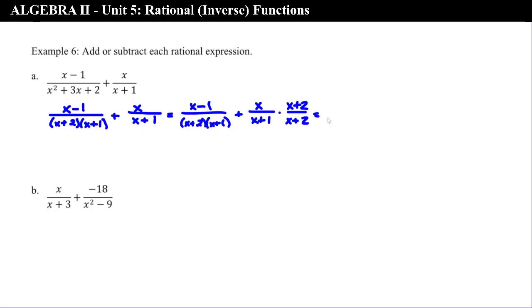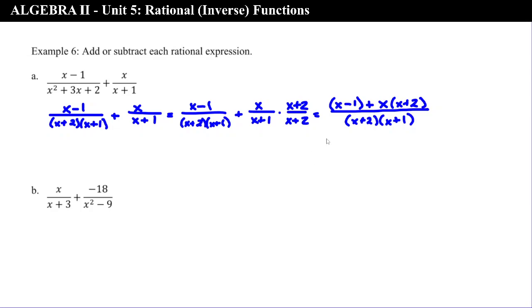Okay, and that is going to give us, from our first term, x minus 1. Our second term is going to be plus x times x plus 2. And all of that's going to be over x plus 2 times x plus 1. From here, we're going to just simplify things a bit. Okay?